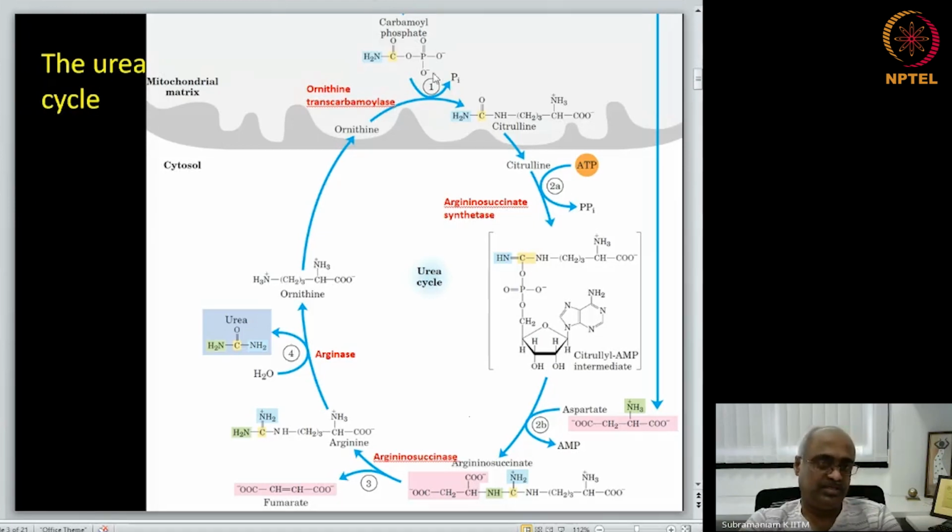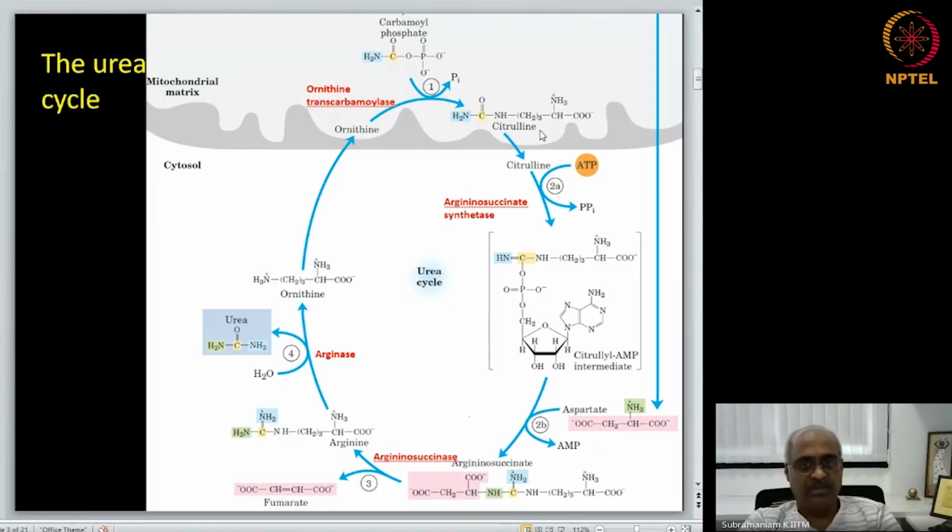This molecule combines with ornithine, which we will see when we come through the cycle. This is equivalent to the oxaloacetate in the TCA cycle, the first molecule with which the entry point joins. And that produces a molecule called citrulline.